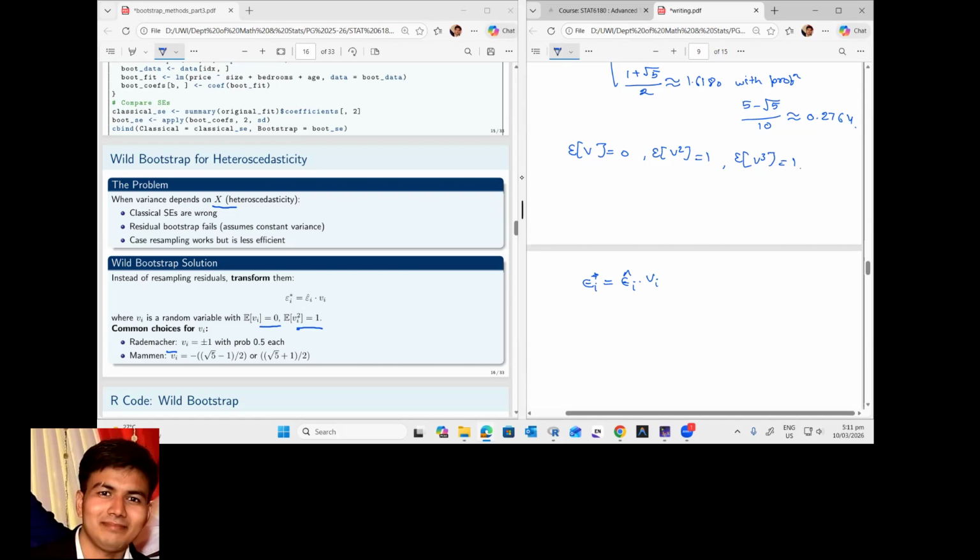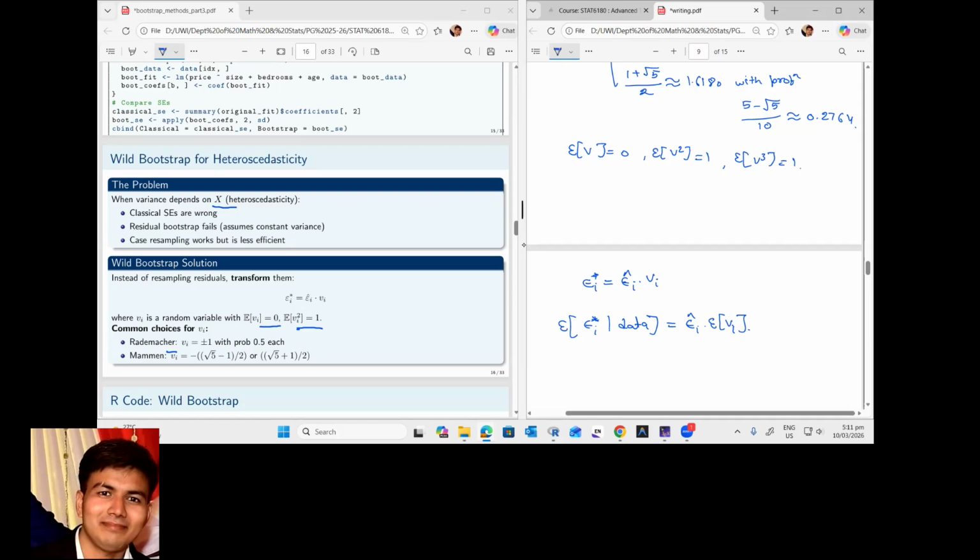The first point is why it is useful: the conditional mean, that is the expected value of epsilon i star given the data, should equal epsilon i hat times the expected value of Vi. If the mean of Vi is not 0, then the mean of epsilon i star will not be 0.